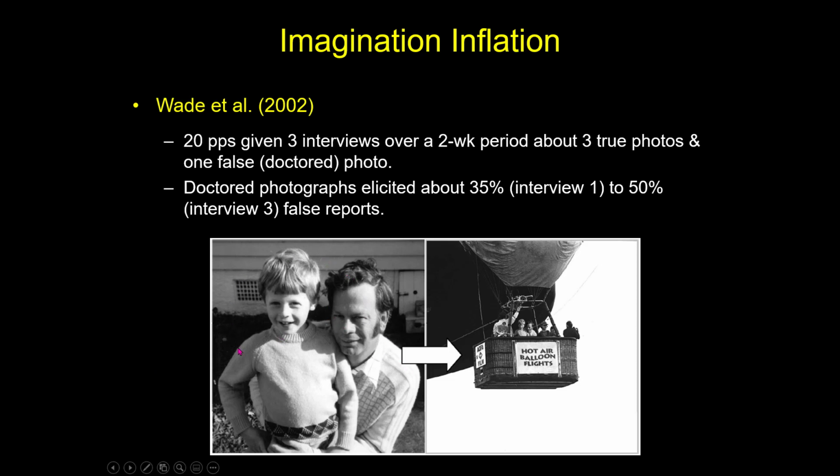This is a childhood photo of a father and son, and part of this image would have been cut and then pasted into this image, which is depicting the father and son inside of a hot air balloon. And then that was slid across the table too. Participants were asked if they could remember anything about the hot air balloon ride.